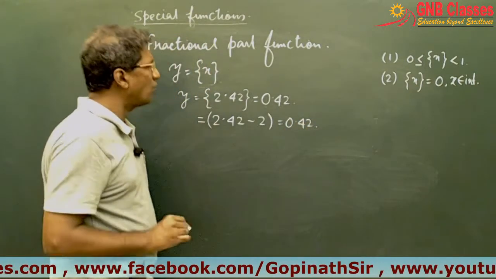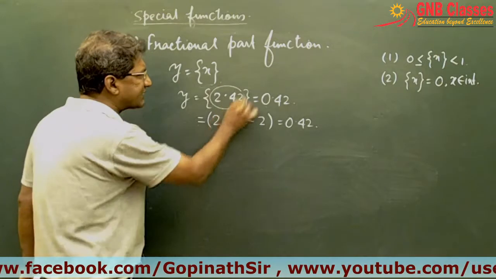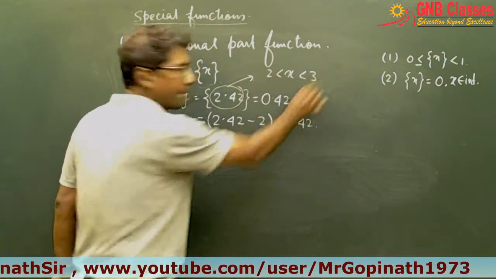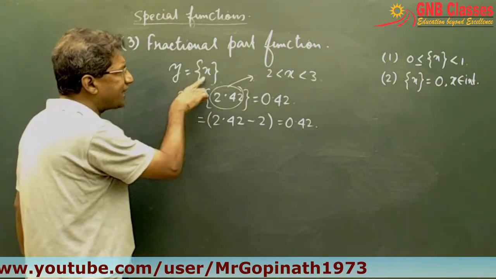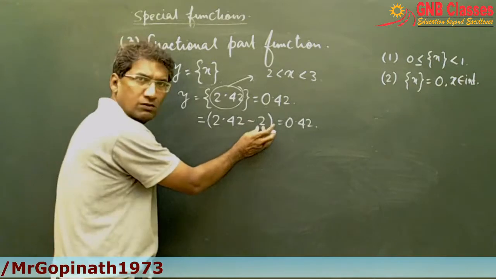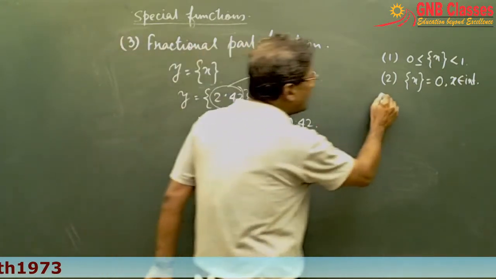That is what I want to say: here x is lying between 2 and 3, so your fractional part of x is nothing but x minus 2. Is it clear?